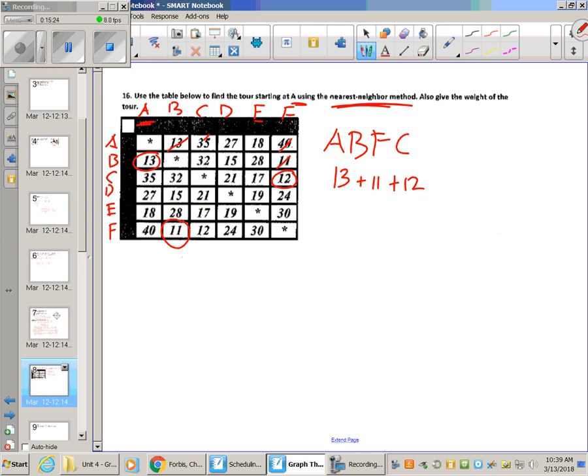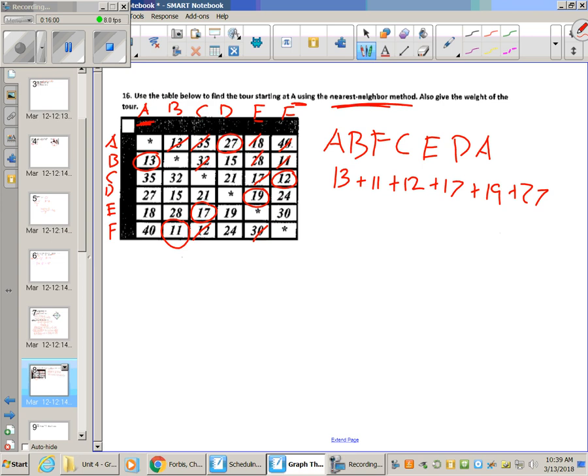So when I go to C's column, I've been to A, B, and F. From C, I'm either going to D or E. The cheapest one is E with 17. So when I go to E's column, I've been to A, B, F, and C. I only have one city left to go to, and that's D, with a weight of 19. And when I get to D, I've been everywhere, so I'll have to go to my returning spot of A with 27.